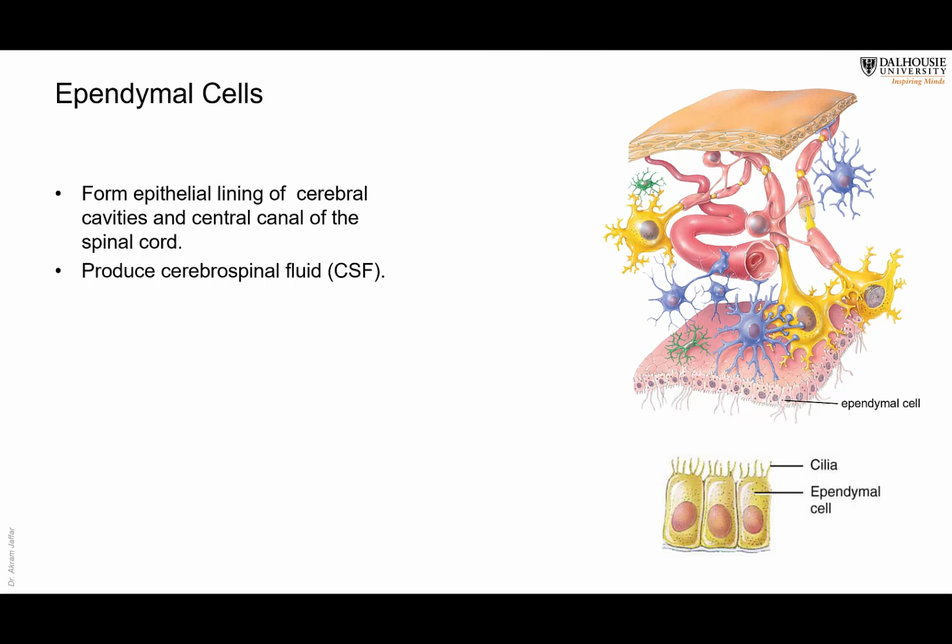These ventricles continue into the spinal cord as a narrow canal called the spinal canal. So this fluid should be secreted, and it is the ependymal cells that secrete the cerebrospinal fluid because they line this ventricular system. They are present in its lining, therefore they can secrete it. They also have cilia and microvilli.